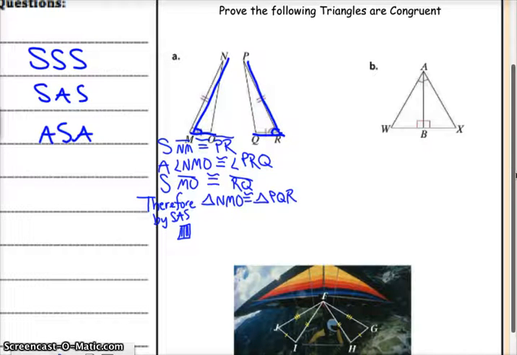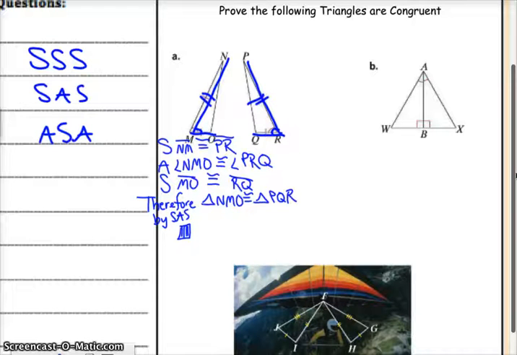Side, side, side, side, angle, side, angle, side, angle. So I just look to see, okay, what do I know? I can't assume anything with proofs. They have to give it to me by showing congruency. Notice how they showed the dashed lines. That's saying these are equal. You can't just assume it. They have to have it there to support it.